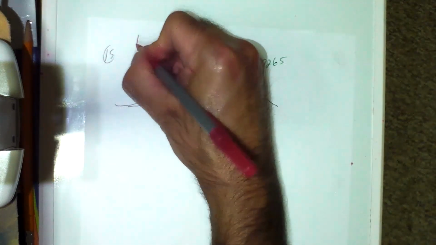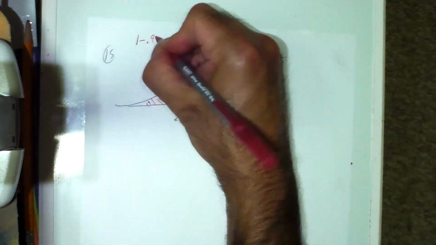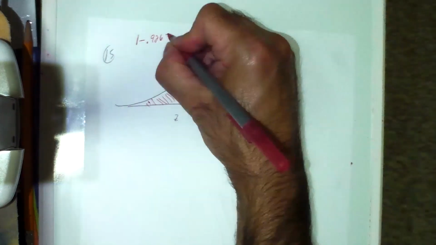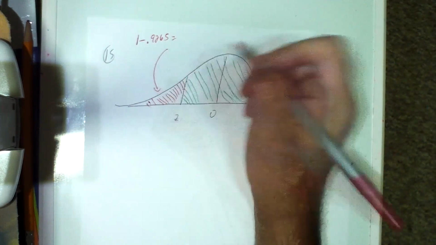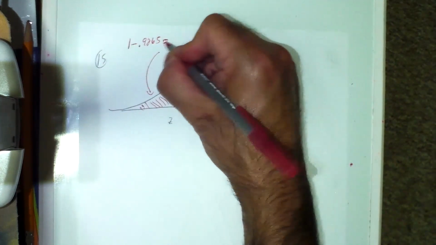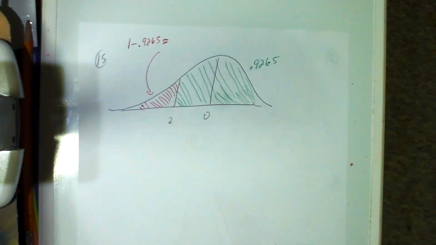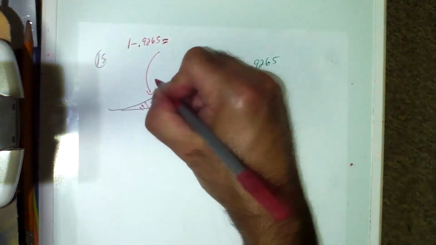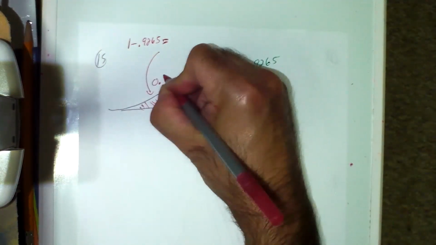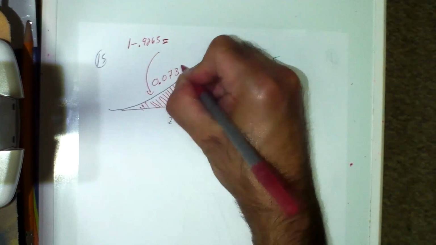So we have to do 1 minus 0.9265. And this will tell us what the red area is. On my calculator, 1 minus 0.9265 is equal to 0.0735.